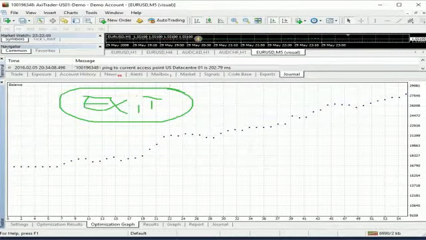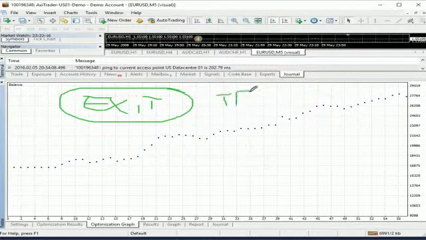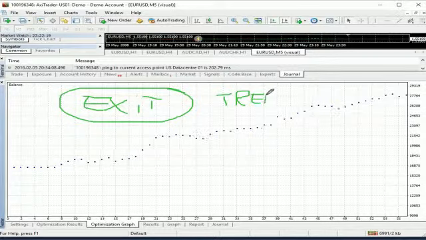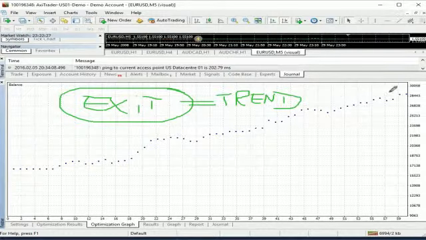They didn't exit, right? They just bought, but they didn't know when to exit. In a trend system, exit. You need to tattoo yourself. These two concepts go together. Trend system equals good exit. Period.